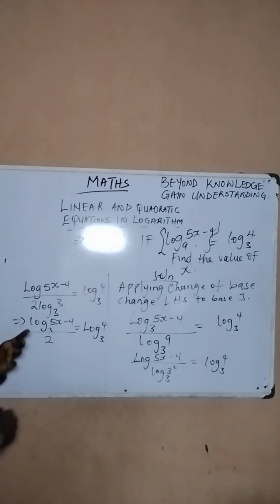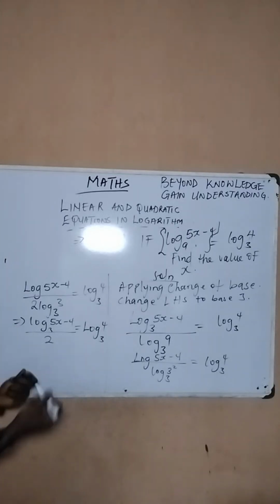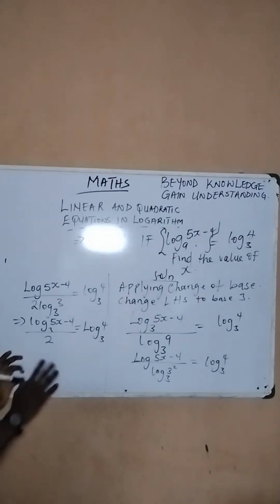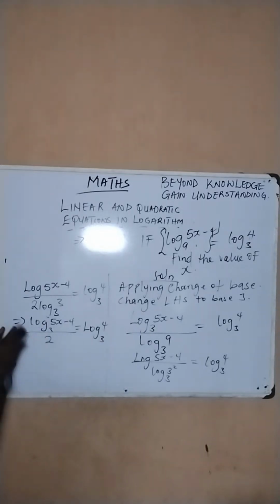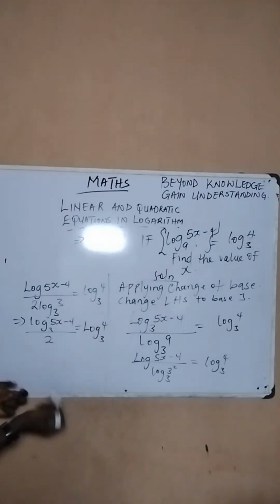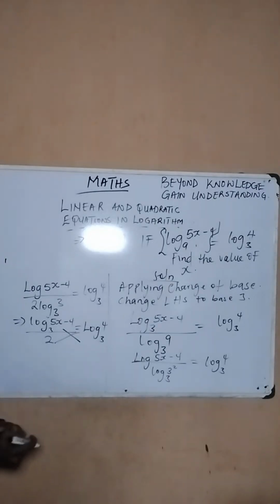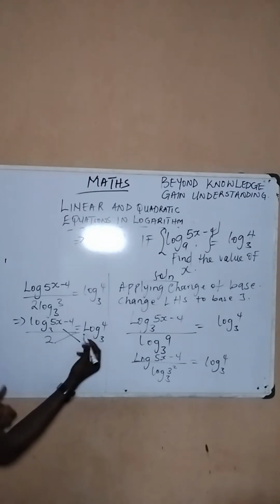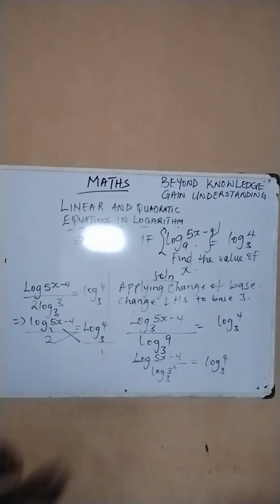So what am I going to do here? Well, I can decide to simplify by applying cross multiplication, or simply multiplying both sides by 2. If I multiply this side by 2 and this side by 2, the 2 will cancel out. It's the same thing as saying cross multiplication. It's faster for me, I like using that. So if you cross multiply, this log 4 base 3 has a denominator of 1.